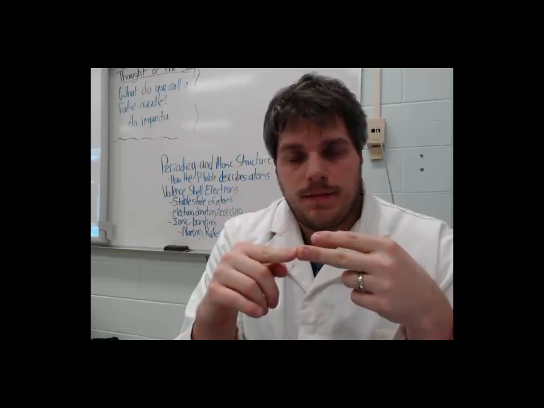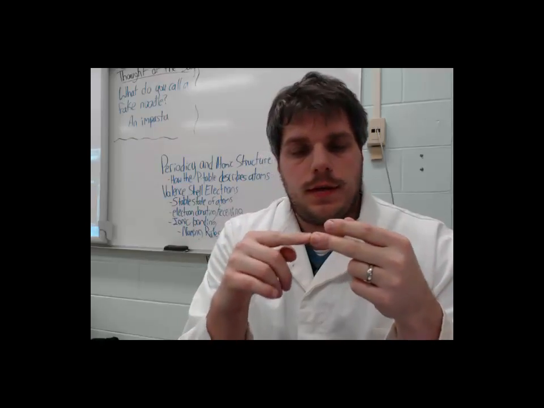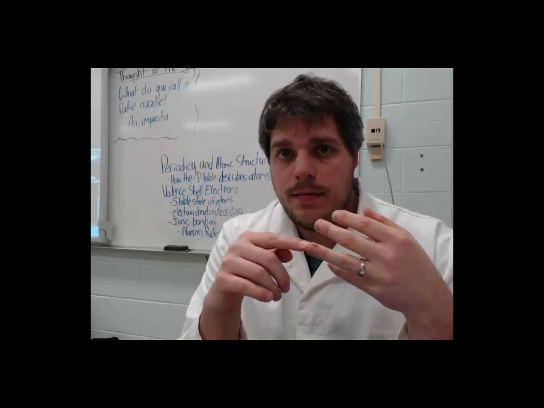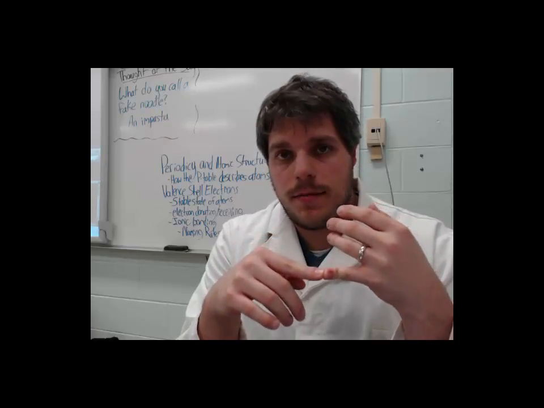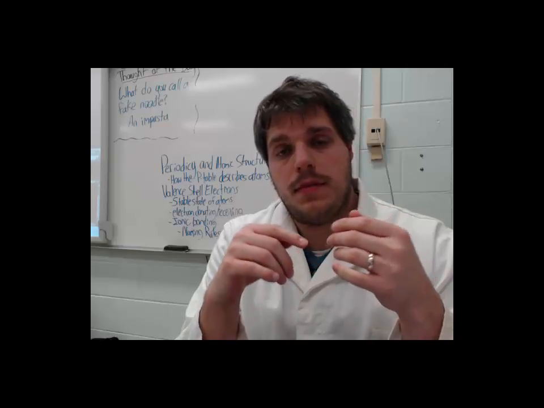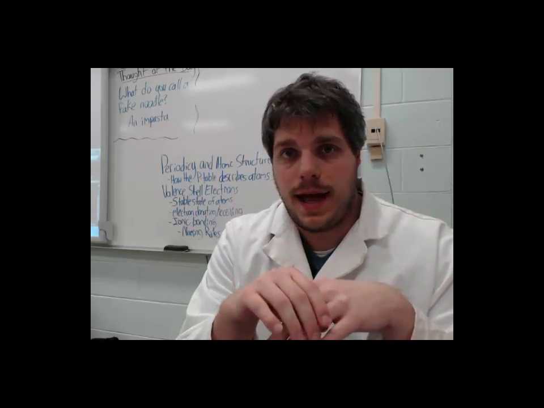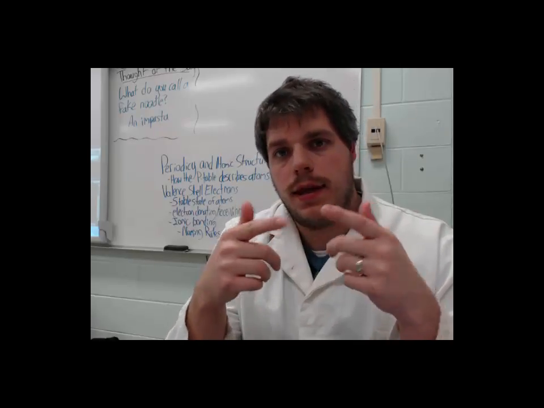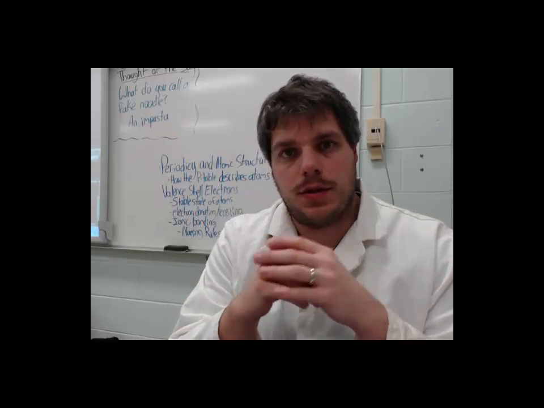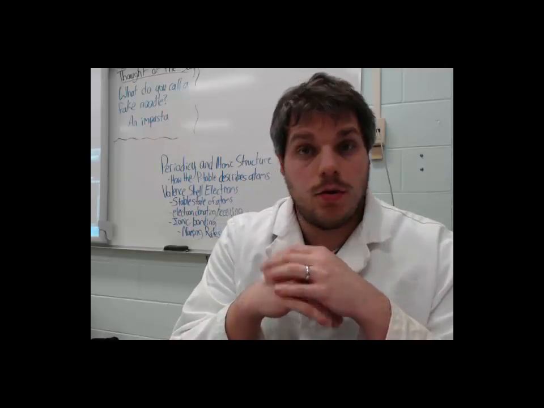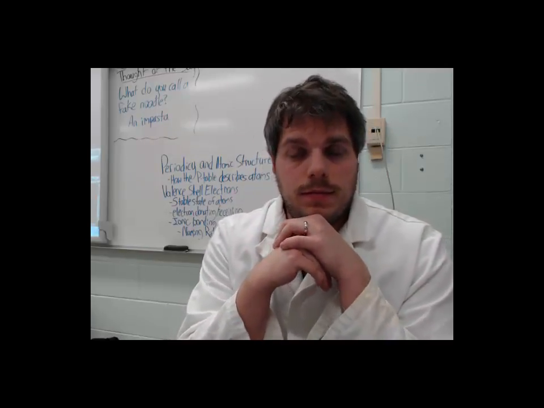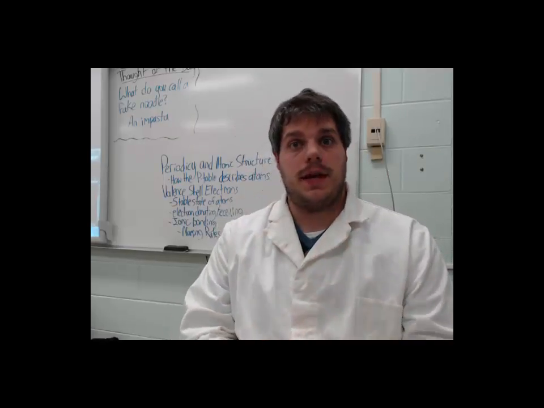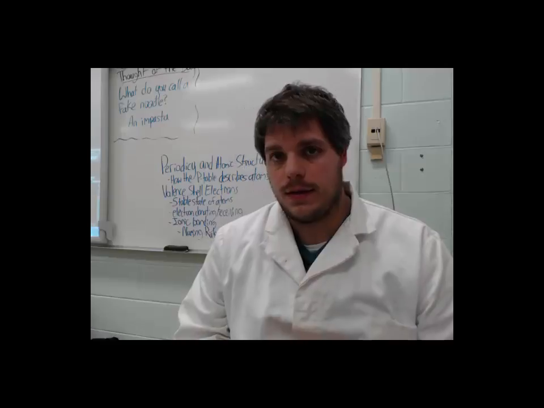So to recap, you need to be able to take a chemical formula and change it into the chemical name. You do so by following the set of naming rules. You take the metal ion and name it. You take the non-metal ion and name it. And then you change it to an IDE ending. That's how you take the formula and change it to the chemical name. Going the other way requires you to fiddle with the charges a little bit. So if I told you I have some magnesium fluoride, you need to be able to tell me how many of each of those ions are in there.